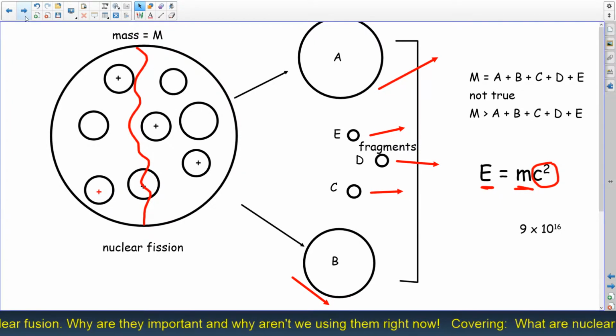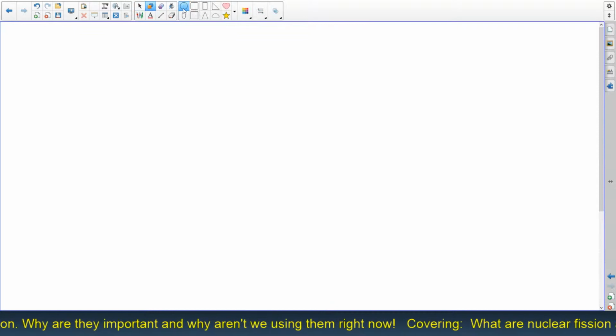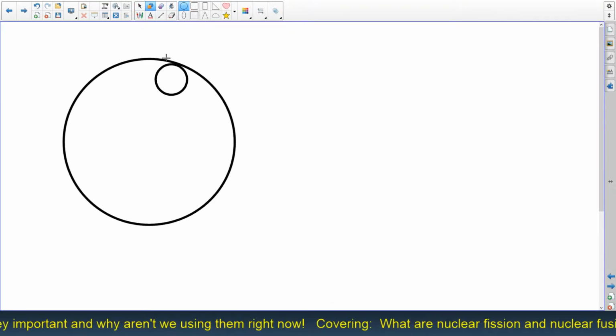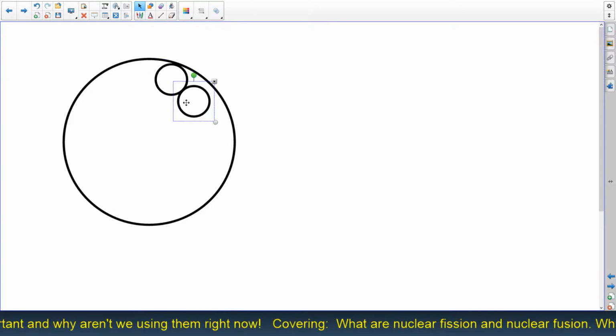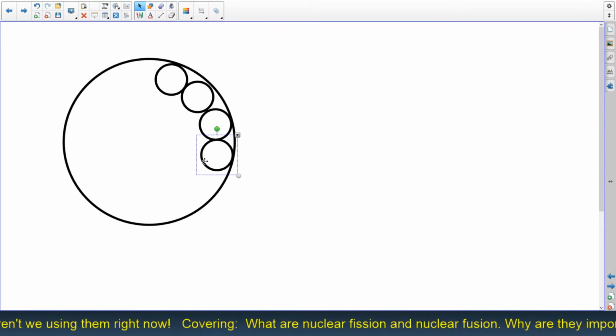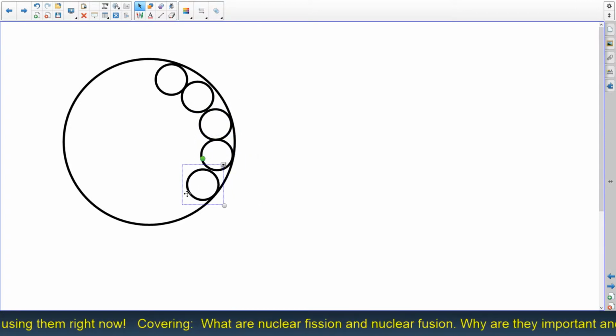And it's actually quite simple. There are a couple of atoms that are stable-ish. Okay, by atoms I mean nuclei. There are a couple of nuclei that are sort of stable.